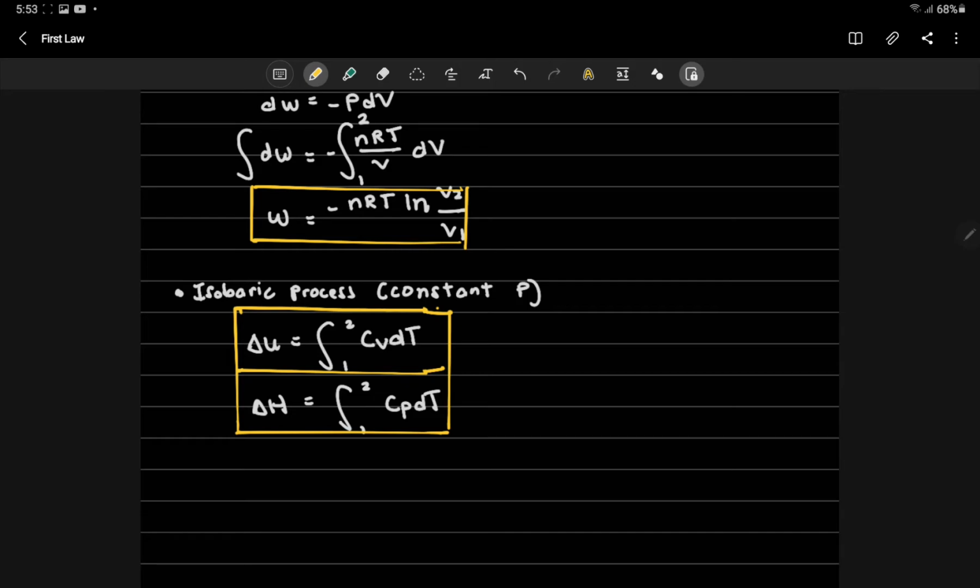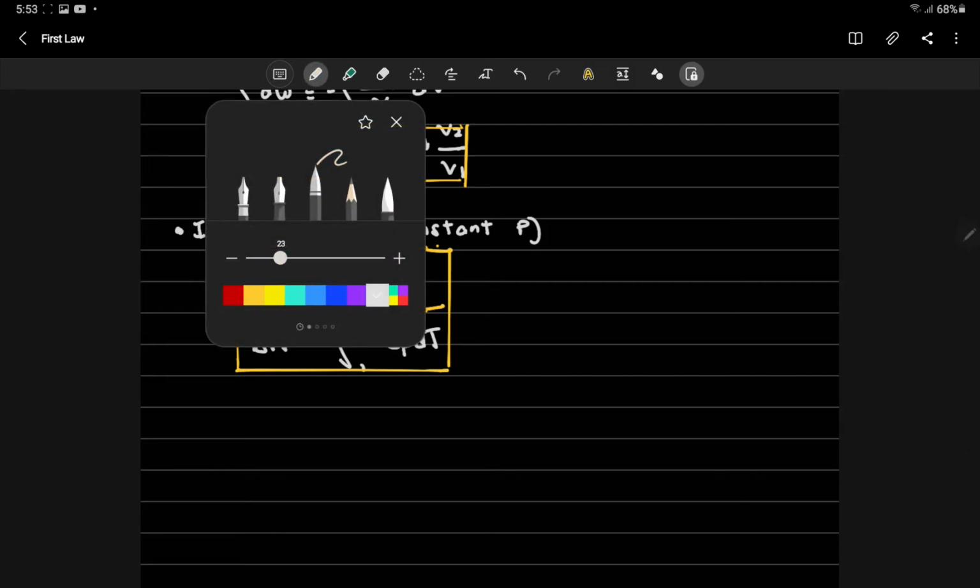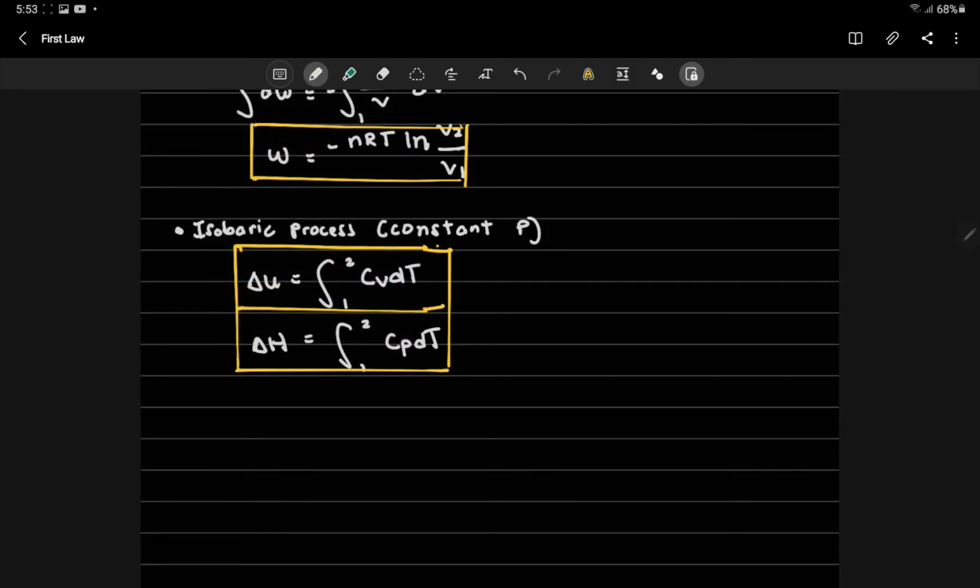But how about yung work tsaka yung heat? Okay, bago tayo pumunta dun sa work, pag-usapan muna natin yung kay heat. Now remember, from the expression of enthalpy, alam natin na dH is equal to dQ plus VdP.